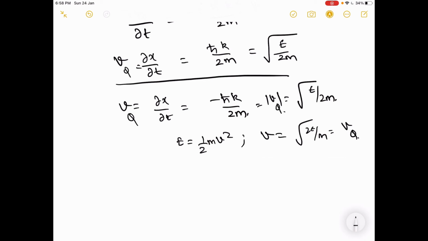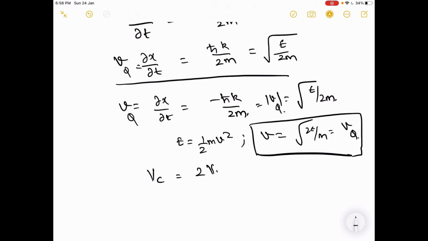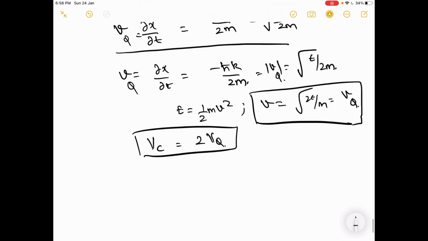So what makes the free particle, which is moving without any potential, have a velocity in the quantum picture twice smaller than what we see in the classical case? So v classical is 2 v quantum. So this is an apparent contradiction with classical physics, which is a problem, right?